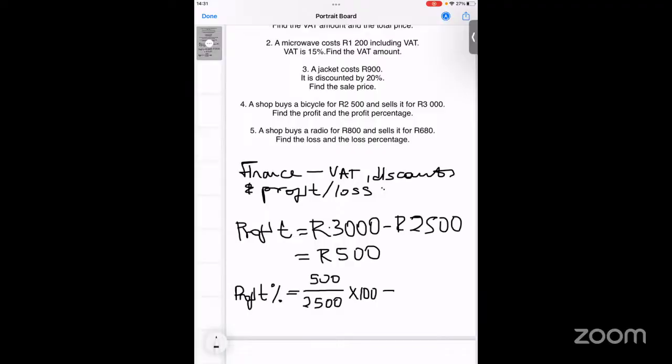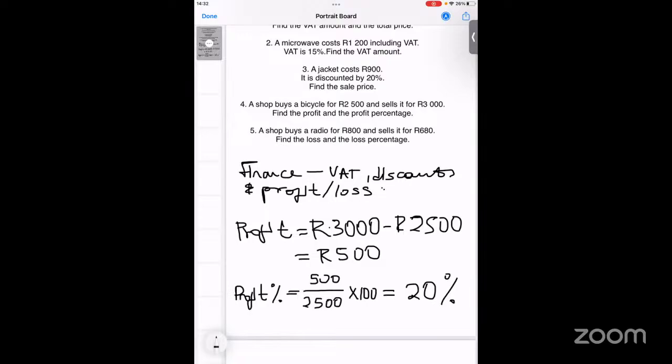This will tell you that profit that you make, but in the form of a percentage, to say as a percentage, you are making this much profit. So you say 500, you divide it by 2,500, then you multiply it by 100, you get 20.